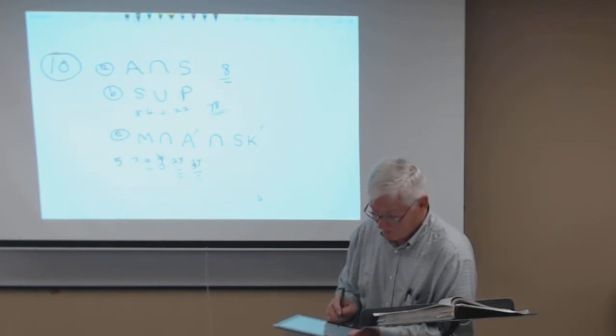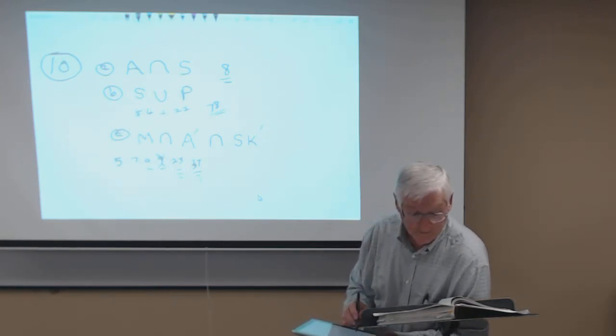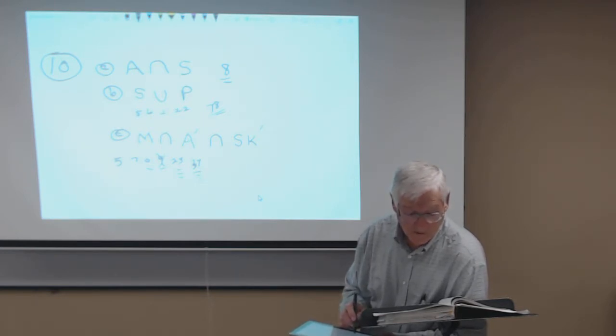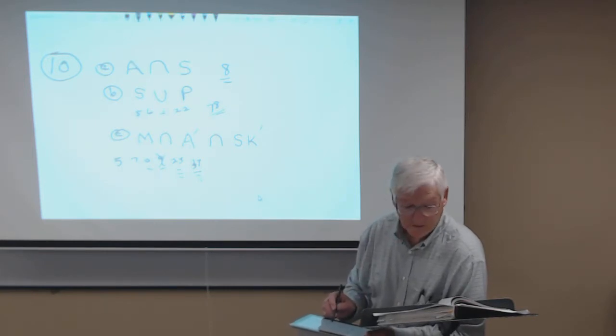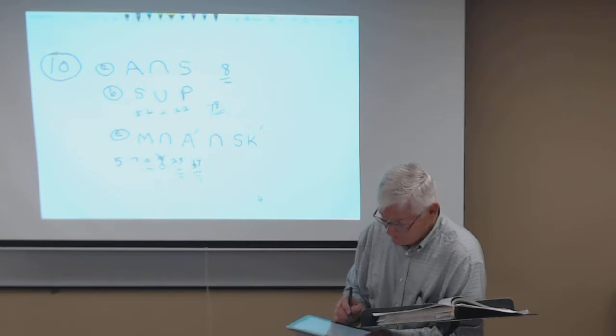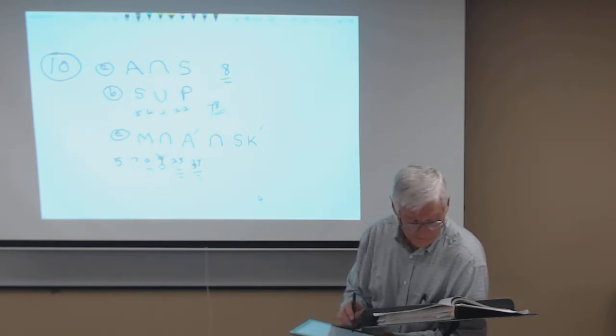Why not 7 and 0? Why do I use 5 and 7? No, 7 and 0. Oh, because 0 is 0. Because I'm looking for the intersection. Oh, I do use 7, don't I? Do I also use 5?